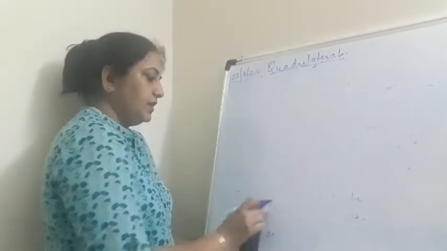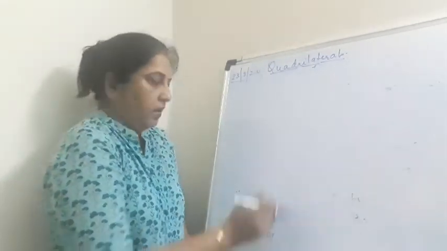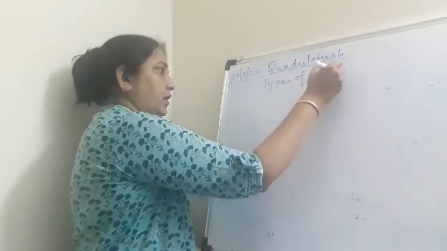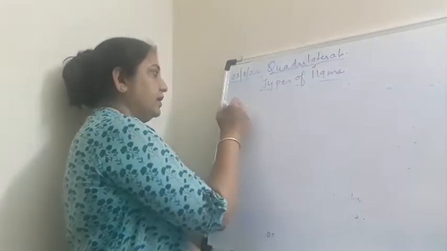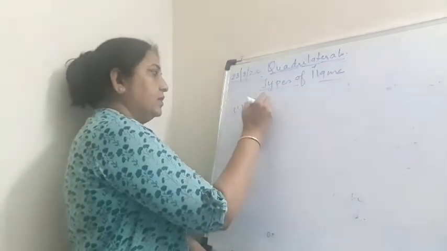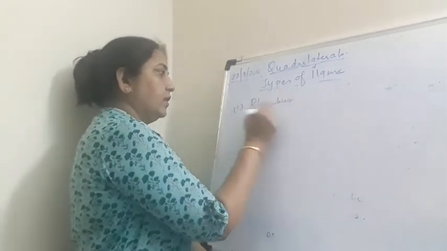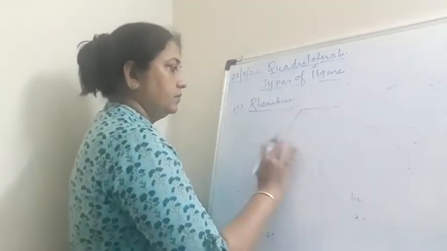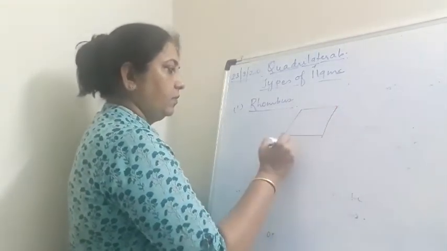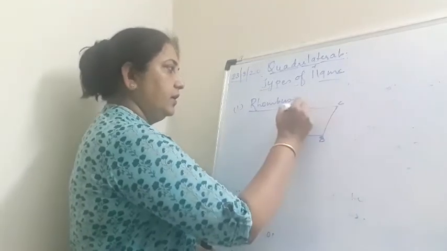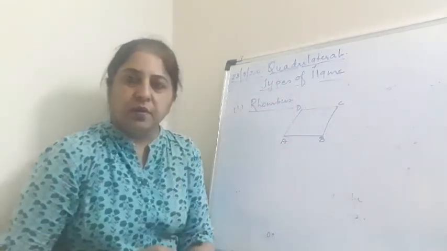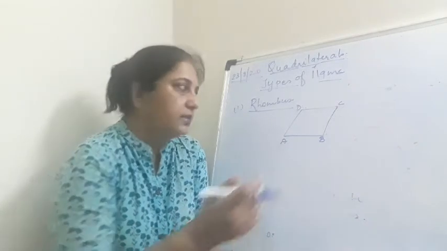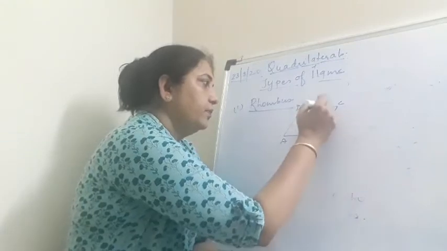Now, coming to the types of parallelograms. The first one is the rhombus. Why is a rhombus a parallelogram? ABCD, you know what a rhombus is. A rhombus is a quadrilateral which has four sides and all four sides are equal.